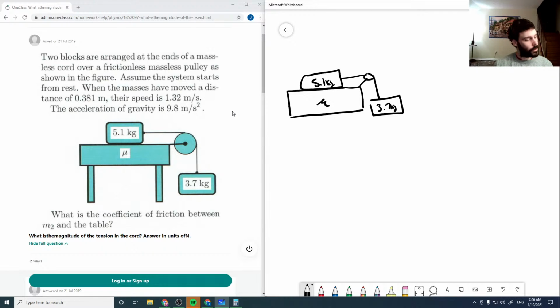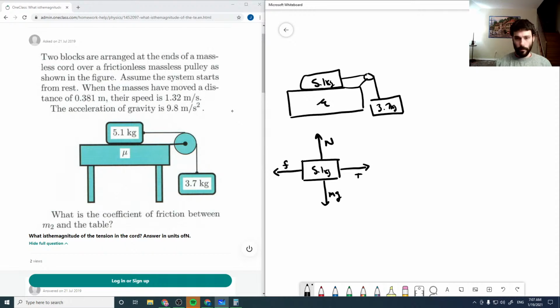So we've got a couple free body diagrams we can draw here. So for the 5.1 kilogram mass, our tension goes this way, our friction goes this way, we've got an mg and a surface normal.